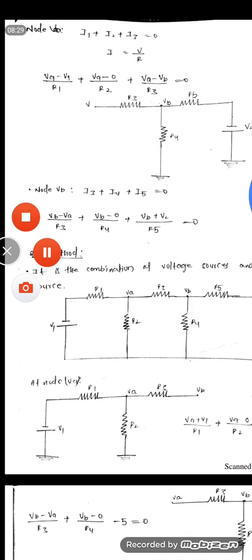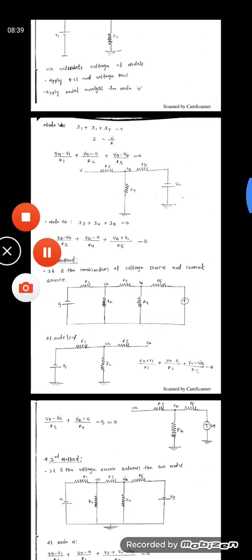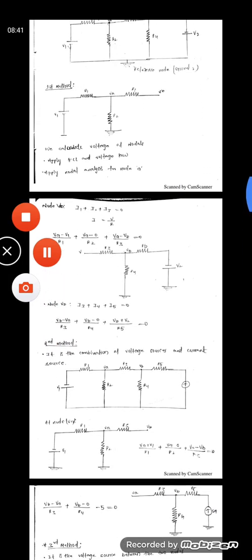So VB minus VA by R3, VB minus 0 by R4, VB minus V2 by R5. This is the first method of nodal analysis, which consists of only voltage sources.